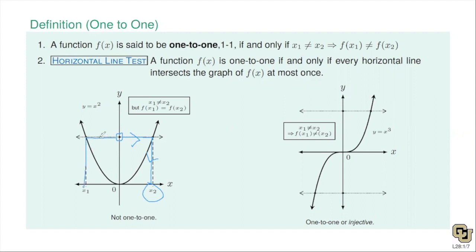You can see here, for x squared, any range element actually has two inputs that map to it. So we can't just reverse the relationship for a function that's not one-to-one.